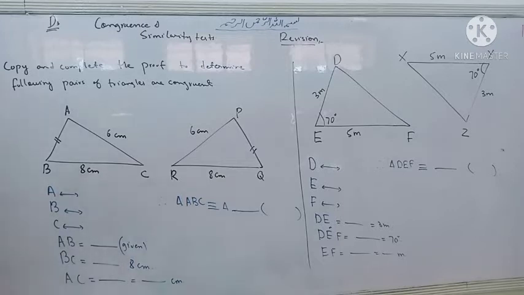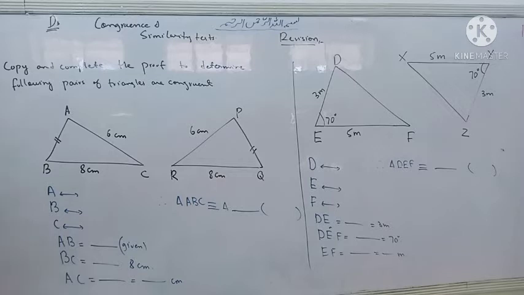So the first question is: copy and complete the proof to determine whether the following pairs of triangles are congruent or not. It is given that the triangles are congruent in the 2 questions, but you have to prove it with the help of tests.